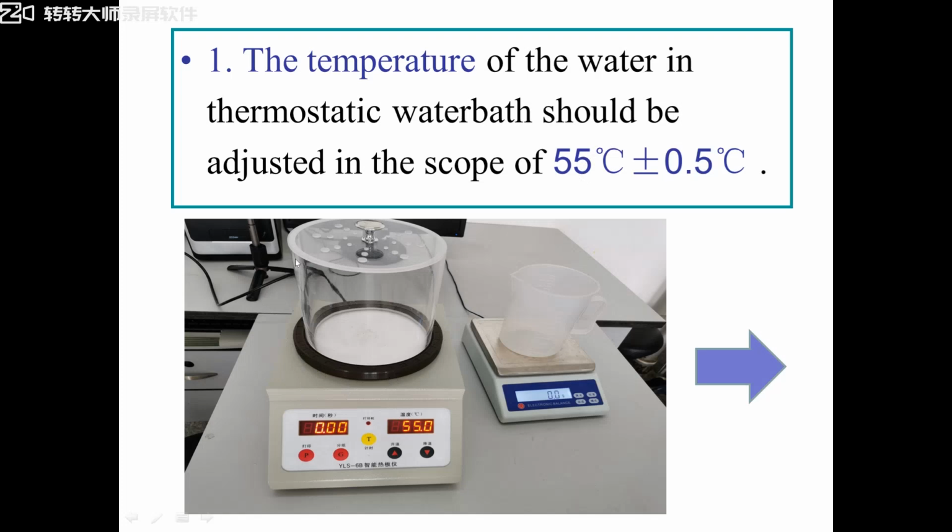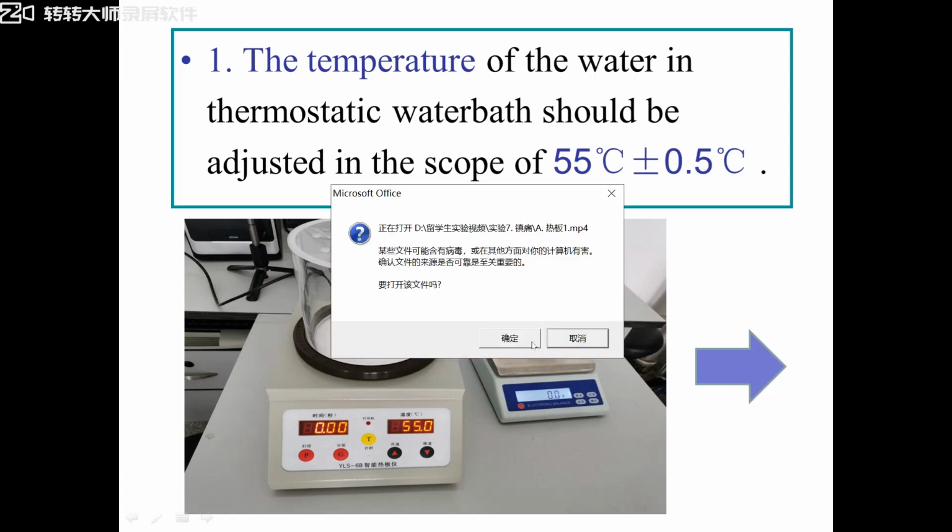This is the hot plate machine, and we adjust the hot plate temperature to 55. And then we also use the electronic balance. Okay, the first step, let's do.